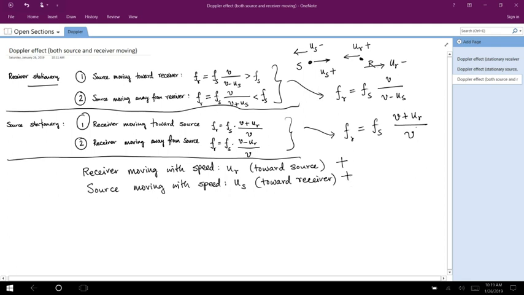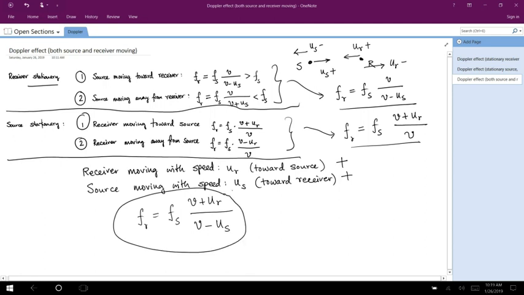So we can just put together these two formulae and we get fR equals fS multiplied by v plus Ur divided by v minus Us. And that's our master formula for the Doppler effect.